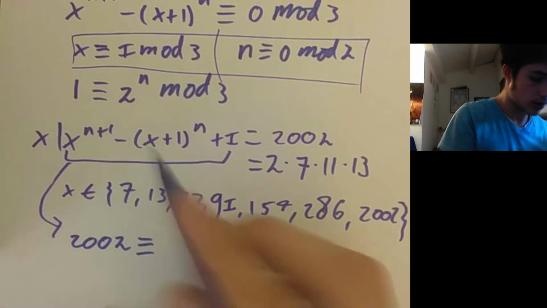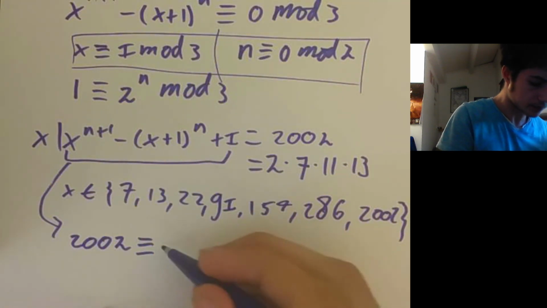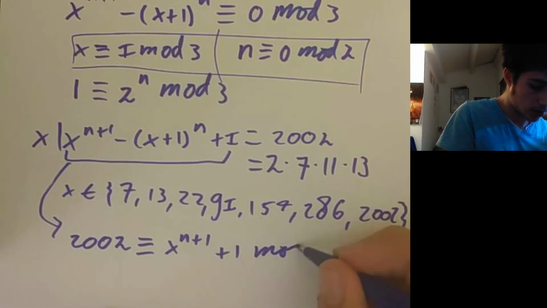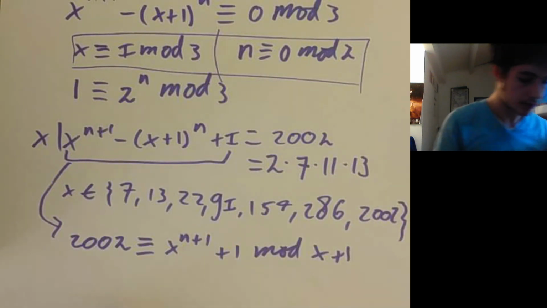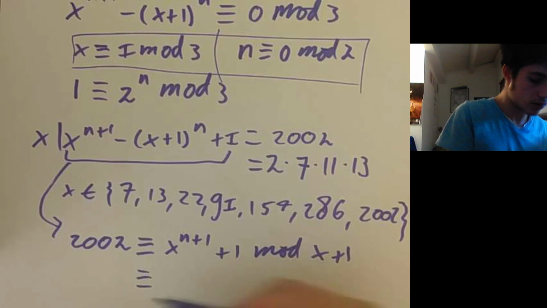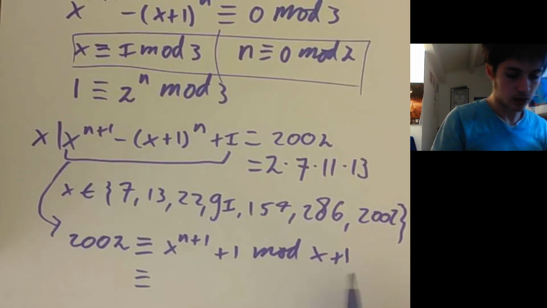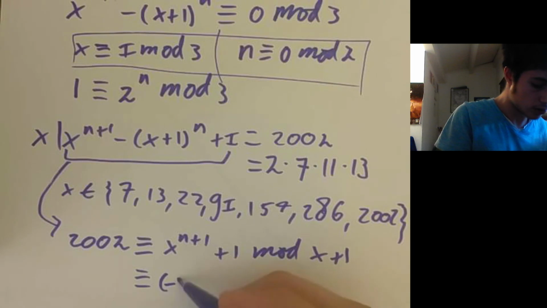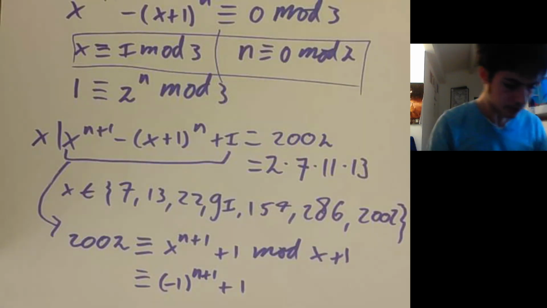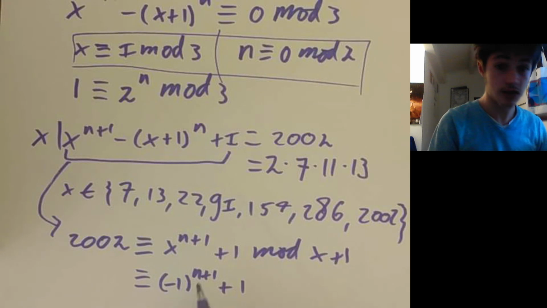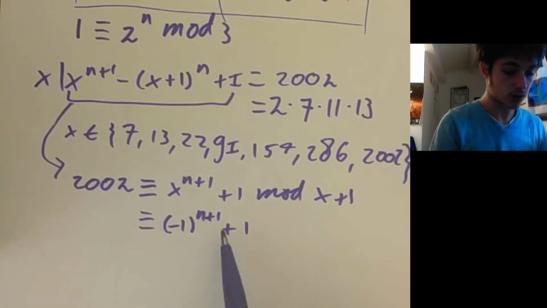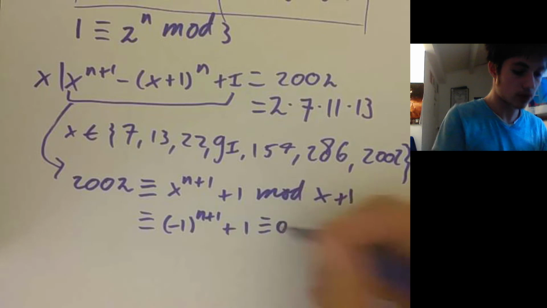So we have x^(n+1) + 1 modulo x plus 1, but x will be congruent to -1 modulo x plus 1. So we have (-1)^(n+1), and n was even, as we saw up here. So this exponent will be odd, and we'll just get 0.